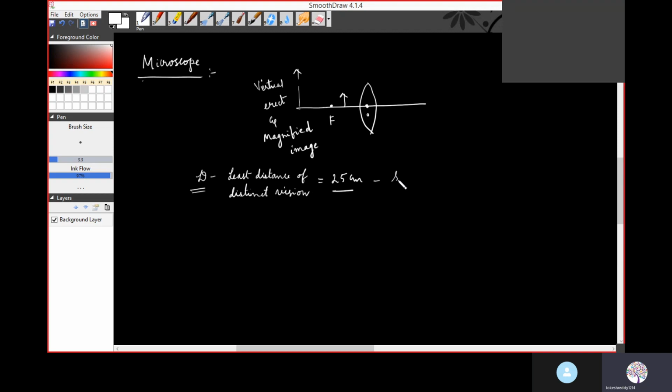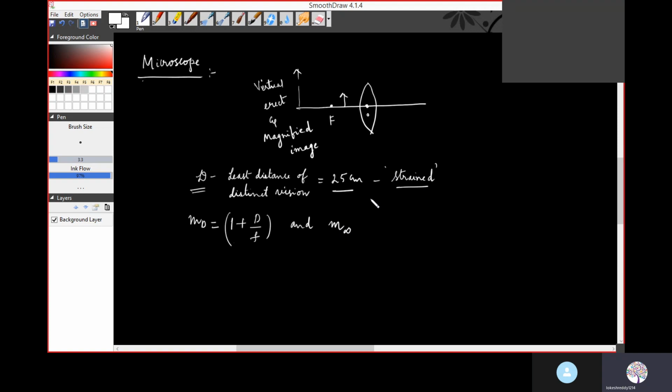Otherwise we call it strained; the eye is strained. Now if the image is forming at the least distance of distinct vision, the magnification is 1 plus D by f.